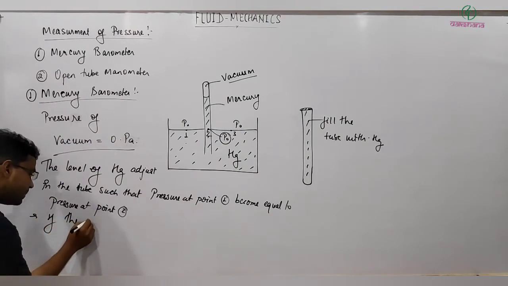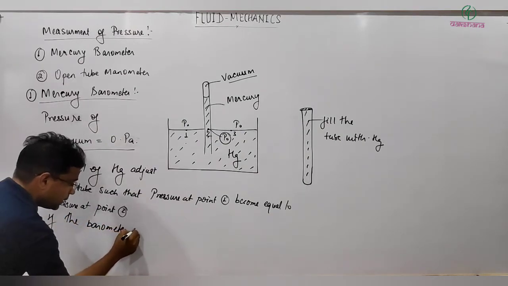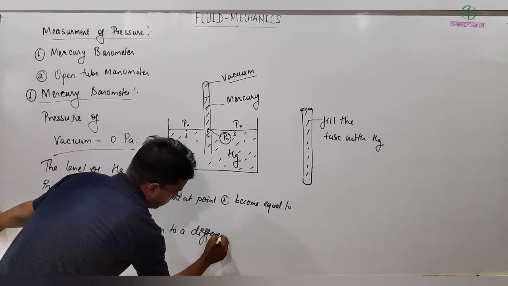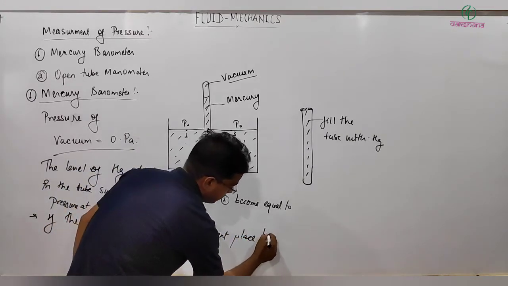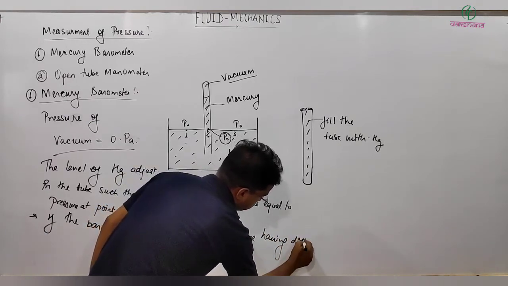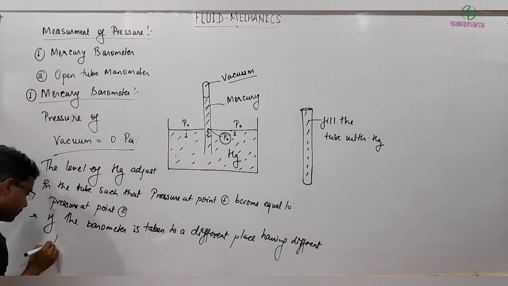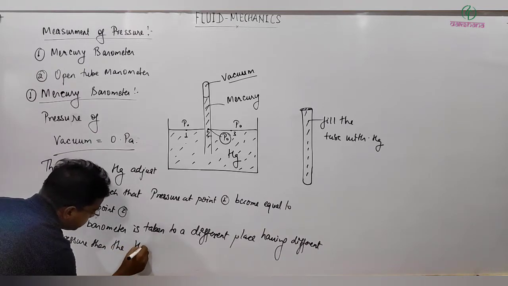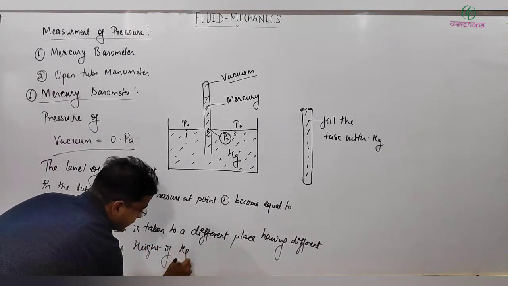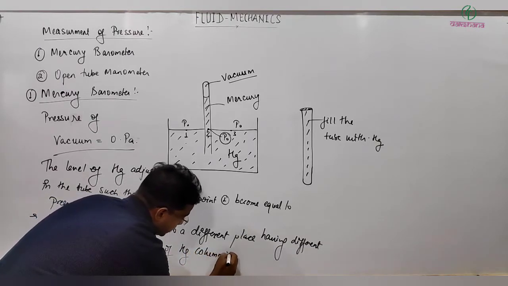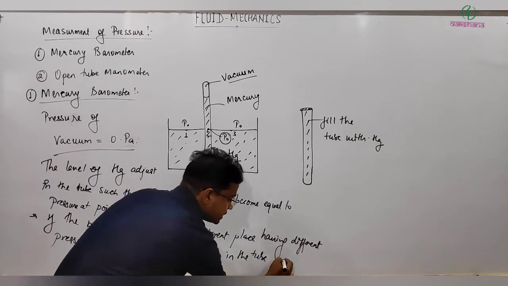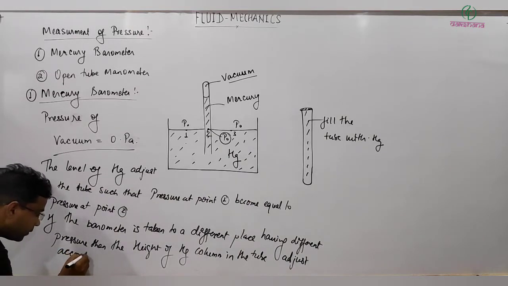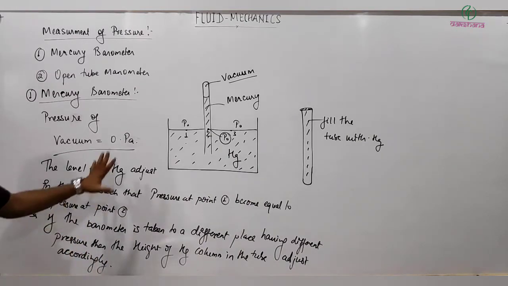If the barometer is taken to a different place having different pressure, then the height of the mercury column in the tube adjusts accordingly. Right, this is the mechanism.